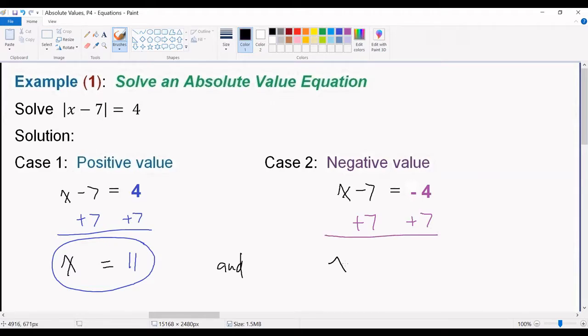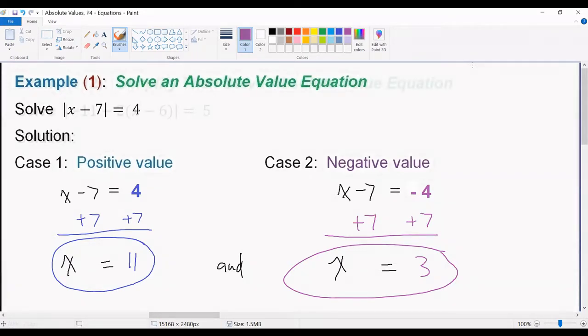We, again, carry down our x. This is equal to negative 4 plus 7, which is going to end up being positive 3. And this will be our second solution. So when solving absolute values, we get to drop the absolute value bars as long as we set up our positive case and our negative case and continue solving equations.